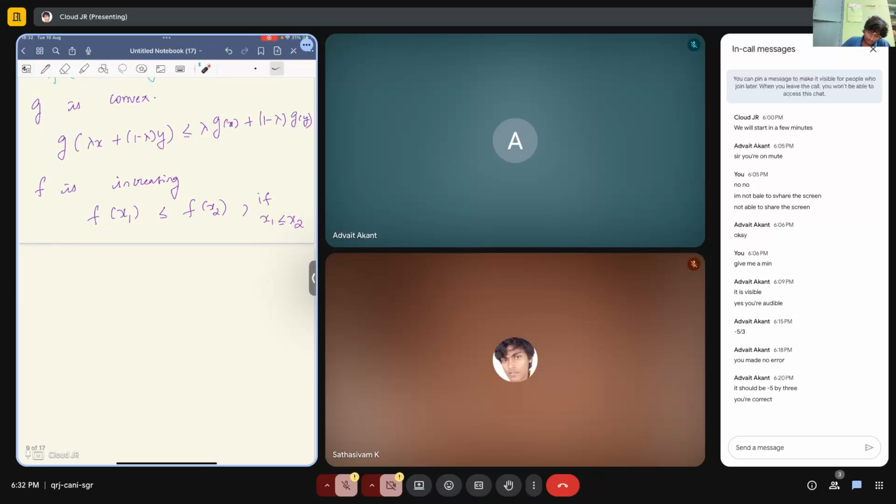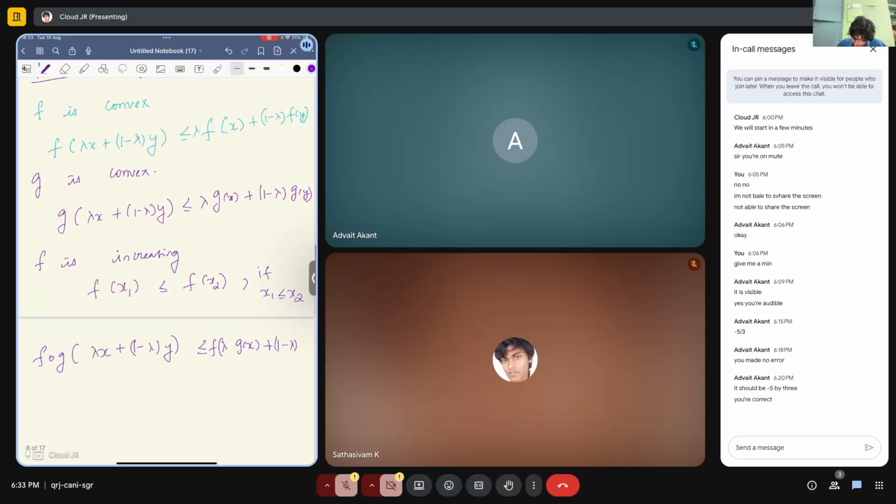So that tells you f composed with g of lambda x plus 1 minus lambda y is less than or equal to f composed with lambda g of x plus 1 minus lambda.